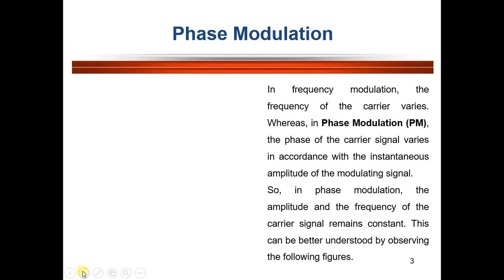Now let us revise some points regarding modulation first. Modulation is a process by which a certain parameter of a sine wave, that is amplitude, frequency or phase, is varied in proportion with the instantaneous value of the modulating signal.